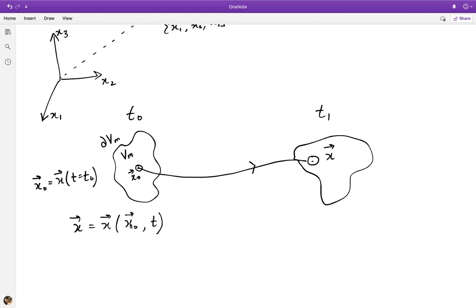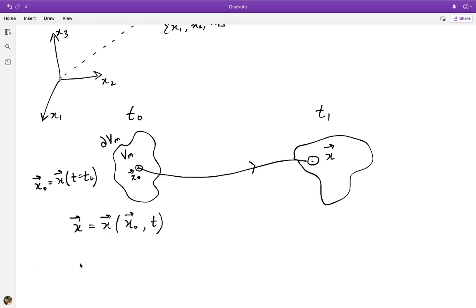So what this means is, if I change my focus to different material points, I basically change x0, and every such x0 will have a different spatial position depending on the time t. So this is a mathematical function, or a transformation, that transforms x0 to x. In other words, it tells us what the current spatial location of a fixed material point is as it moves in the flow.